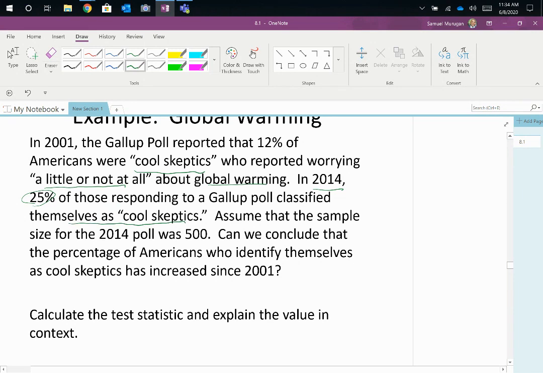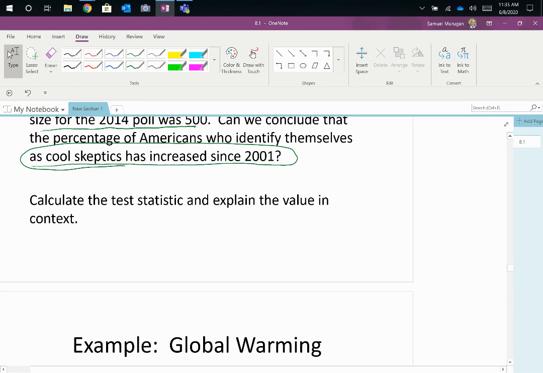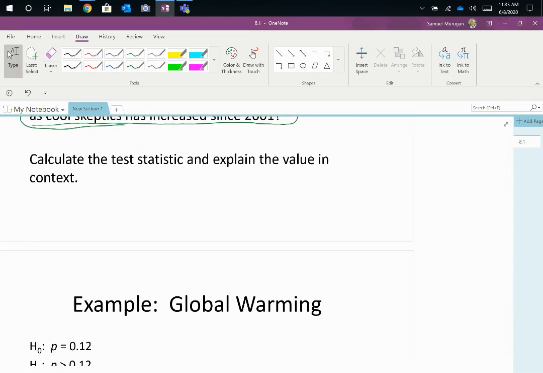Okay, so in 2001 it was 12%, in 2014 it was 25%. Assume that the sample size for the 2014 poll was 500. Can we conclude that the percentage of Americans who identify themselves as cool skeptics has increased since 2001? So this would involve calculating the test statistic and explaining the value in context.